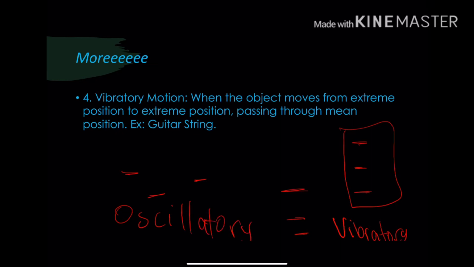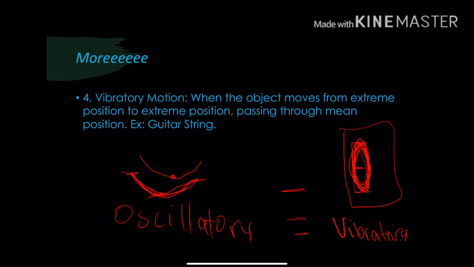The difference between this and this is that an object in vibratory motion doesn't stop at the mean position. It just keeps going, never ends. But in oscillatory motion, it stops at the mean position. It's like this, stops, then goes here.